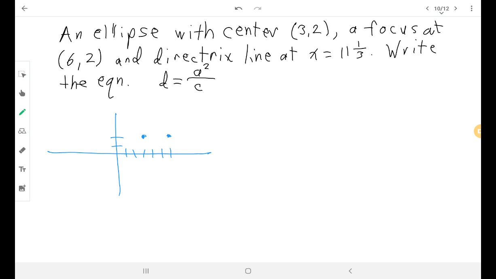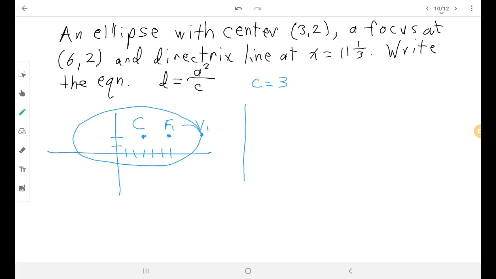So our C distance is 3, right? So this is our center. Let's call this focus point 1. Somewhere out here is the vertex, and somewhere out here is the directrix, and it looks something like that.